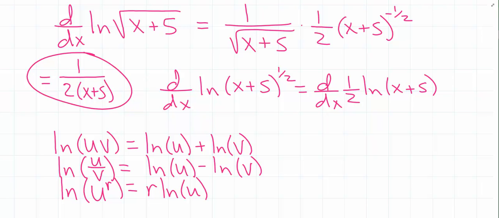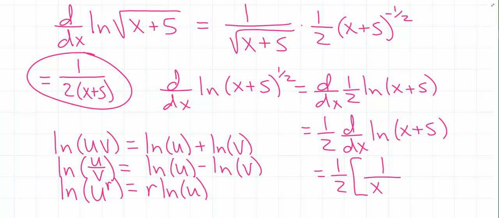Remember, if you have a constant, you can factor the constant outside before the derivative, right? In other words, the derivative of a constant times a function is the same as the constant times the derivative of the function. So I could just write this as 1/2 times the derivative of the log of x plus 5. And the derivative of that is 1 over x plus 5. So we have 1 over x plus 5. And you notice that's what we had here. It's exactly the same. So there we're able to use properties of logs to get us to the derivative.